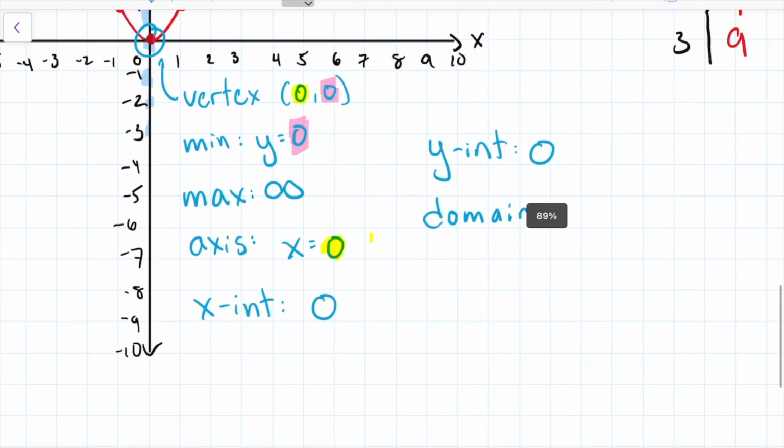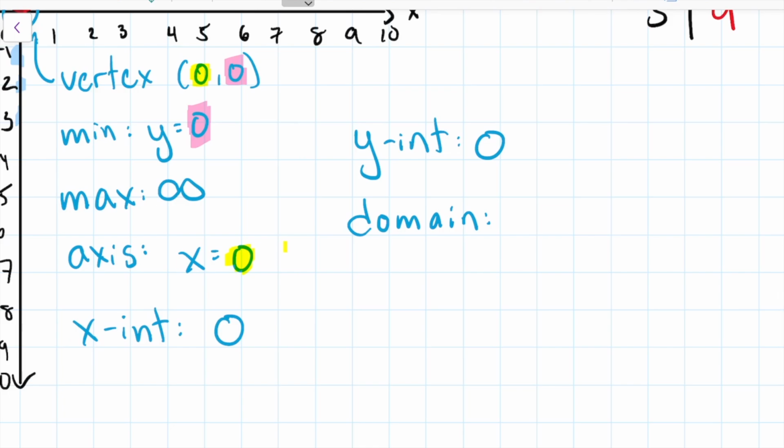So thinking back to last year, if we don't have any restrictions, we'd say our domain would be all real numbers, or the proper way to write that is x, because it's x values, and then this weird looking e, and then this weird looking r, which means x is in the set of real numbers. Our range, on the other hand, is not all real numbers.